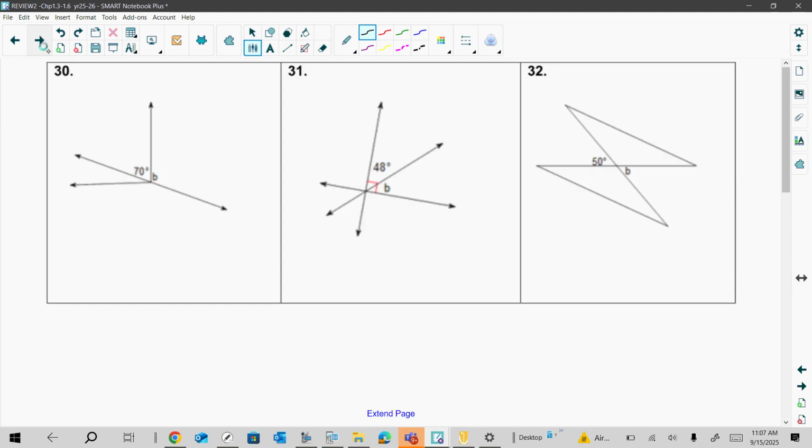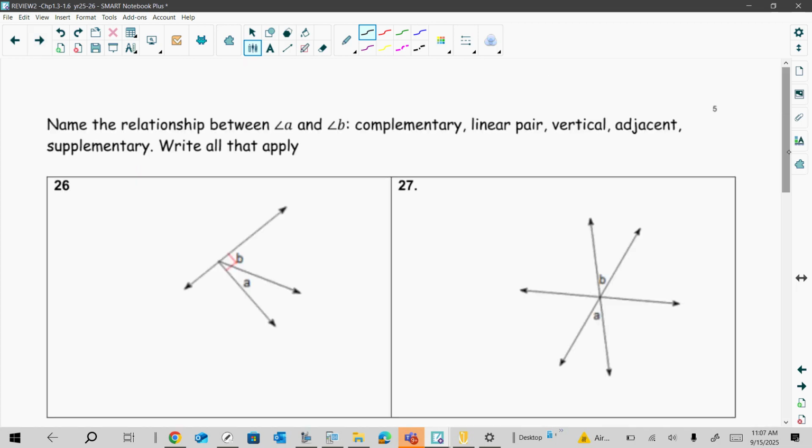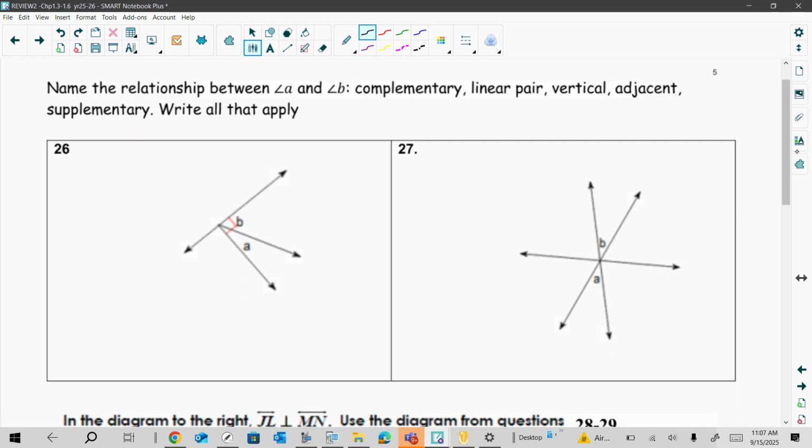All right. Then all we're doing is naming the pair, and knowing the relationship. Hopefully, maybe you saw the box here. So you said complementary angles, which means they equal 90. But they're also adjacent angles.